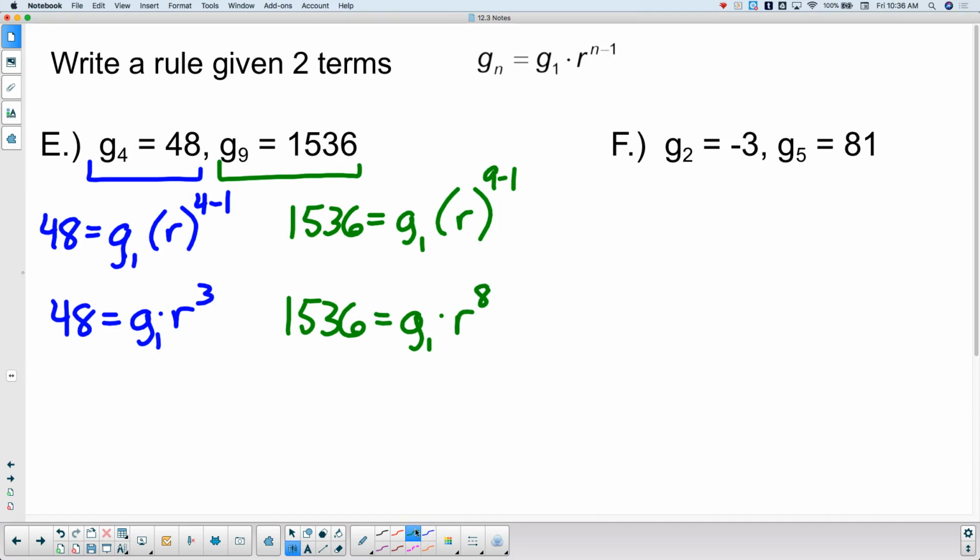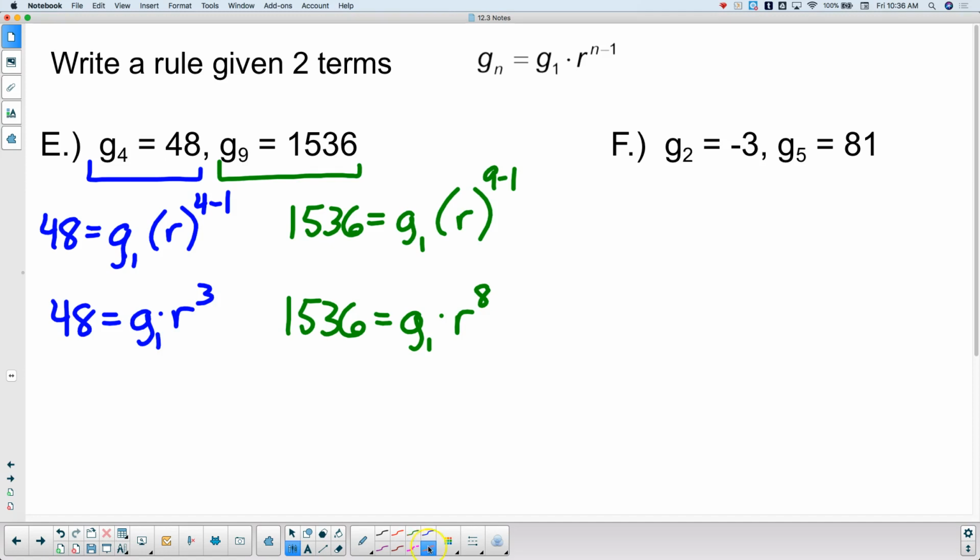Now last week we said, okay, we set up a system of equations and we substitute or eliminate or graph it, and we get what it is. This one, we can't, because the g sub 1, the first term, and r are together in a term. So I can't do a system of equations.